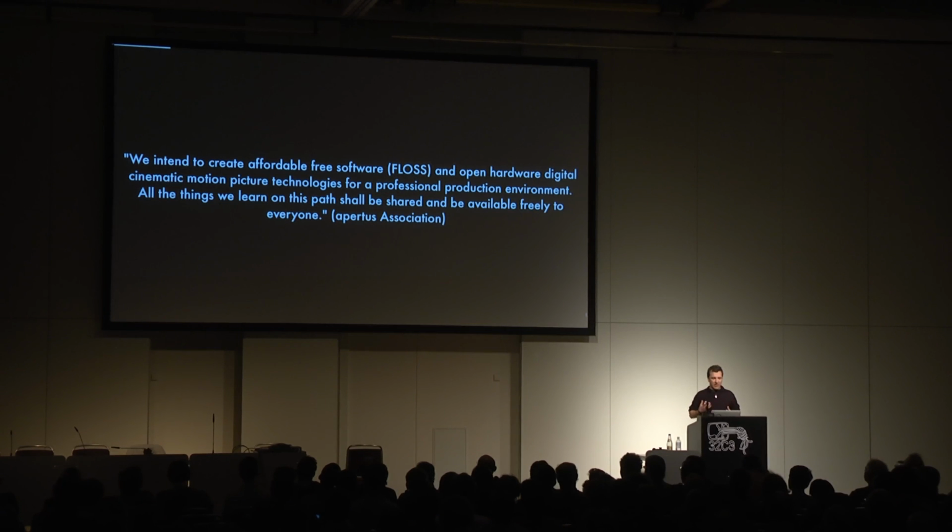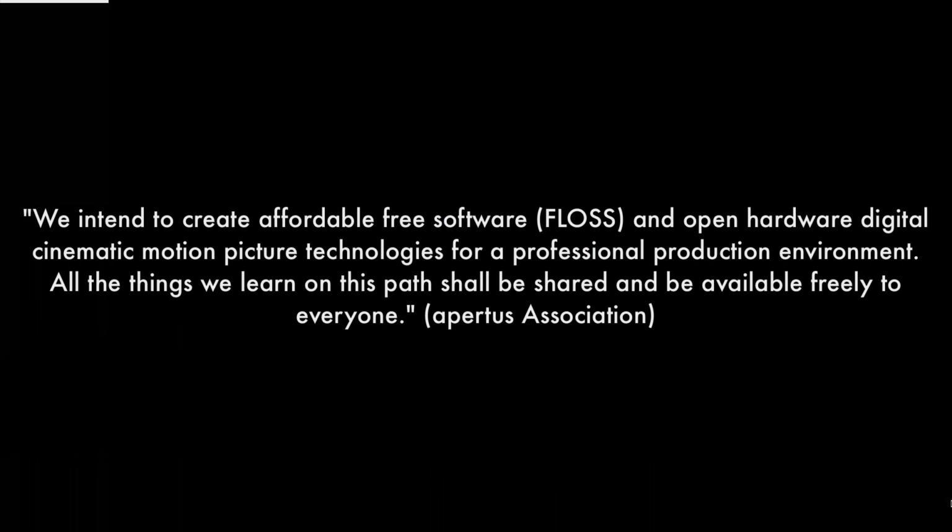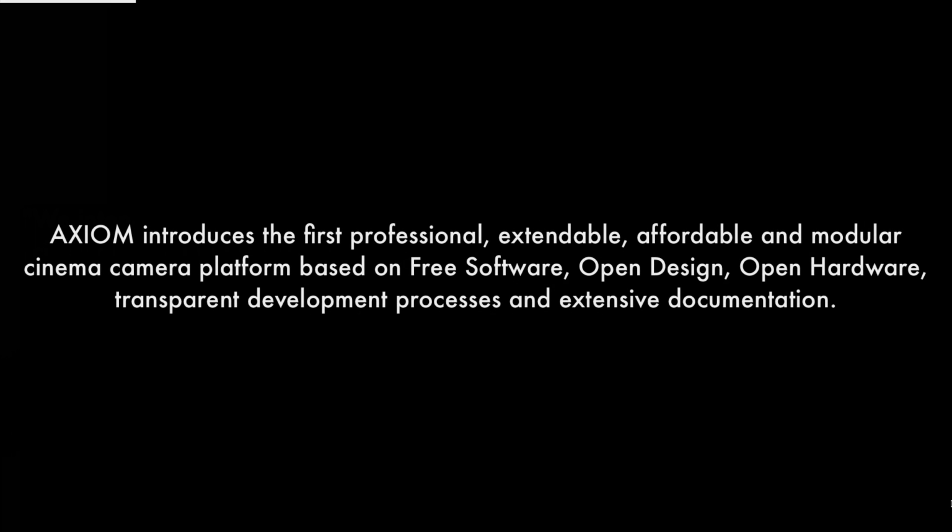So here I put a quote of the Apertus Association to explain a little bit what the idea behind the project is. So the idea is to create a completely free software-based cinema camera, but not only cinema cameras, also any tools you might need in the process of developing or producing a movie or moving image production. So this AXIOM project introduces this first professional, extendable and affordable camera.